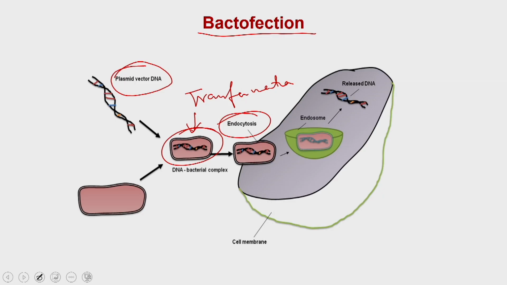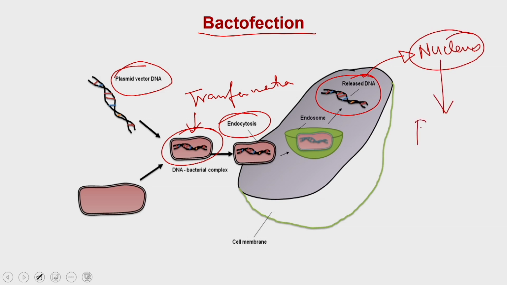Inside the phagosome, the bacteria will either release the DNA, or the bacteria will come out and get lysed and release the DNA. In either of these scenarios, this released DNA then reaches the nucleus and is going to express the gene, and that will produce the protein.